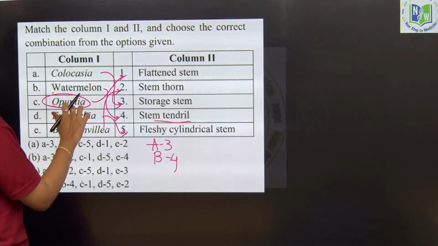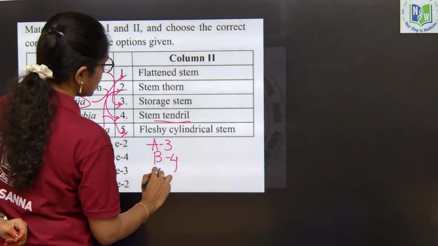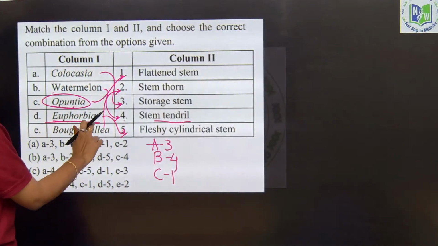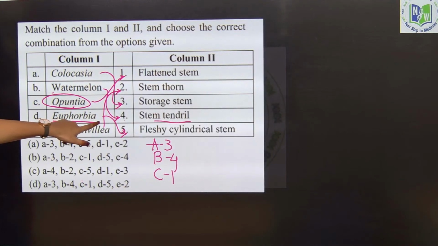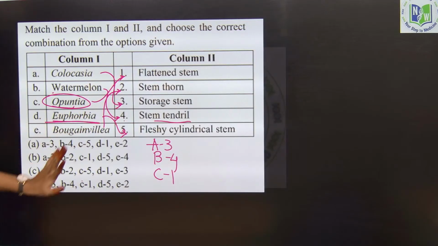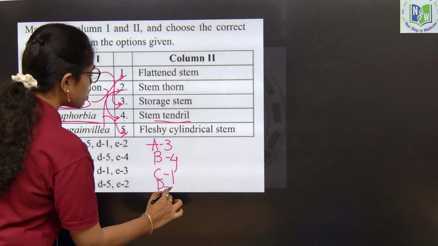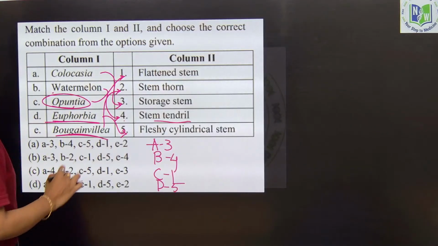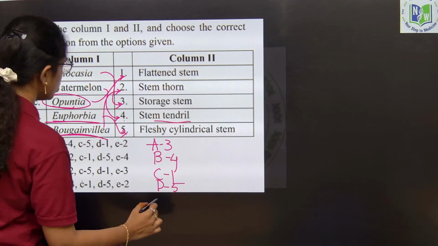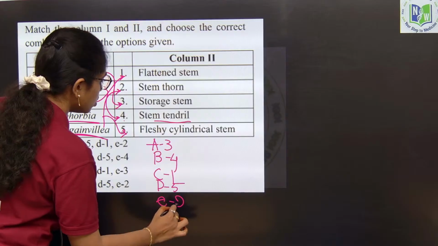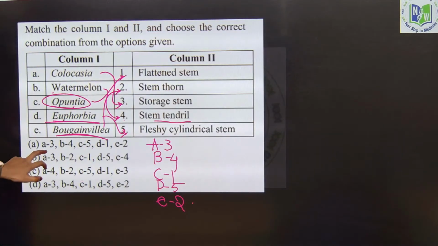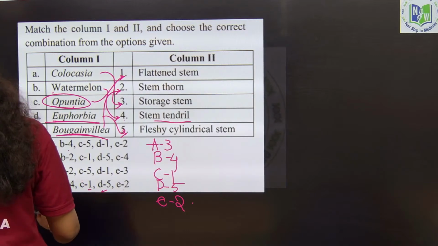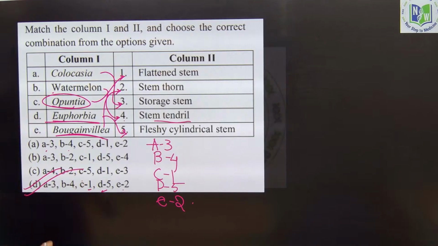C Opuntia, which has flattened stem, will be 1, and D Euphorbia, which has fleshy cylindrical stem, is option 5. And then E Bougainvillea, which is the stem thorn, is option 2. Fine ma. So here A3, B4, C1, D5 and E2, option D will be the right answer. D Tanveer, it is option D.